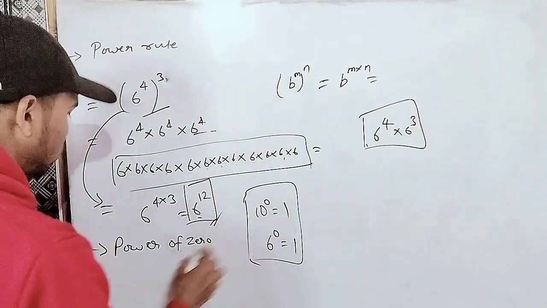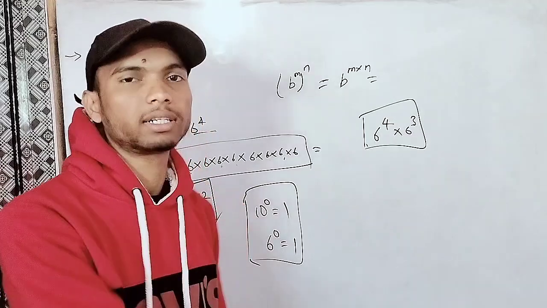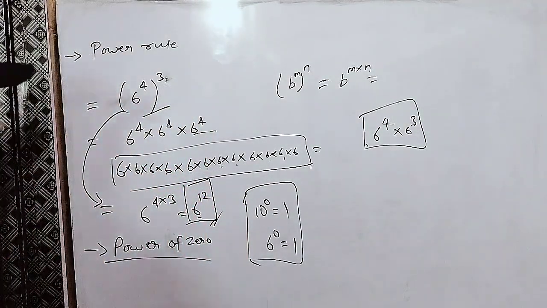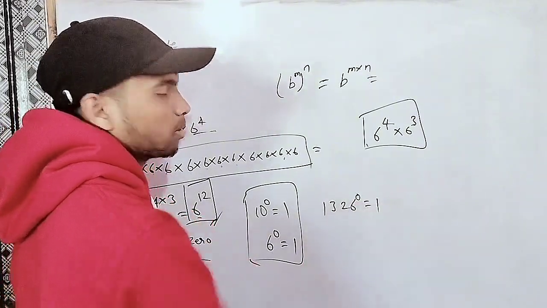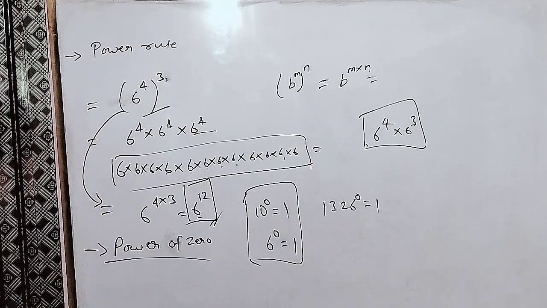So when the power is 0, the exponent is 0, then our result would be 1. So the answer would always be 1. Just have a look.